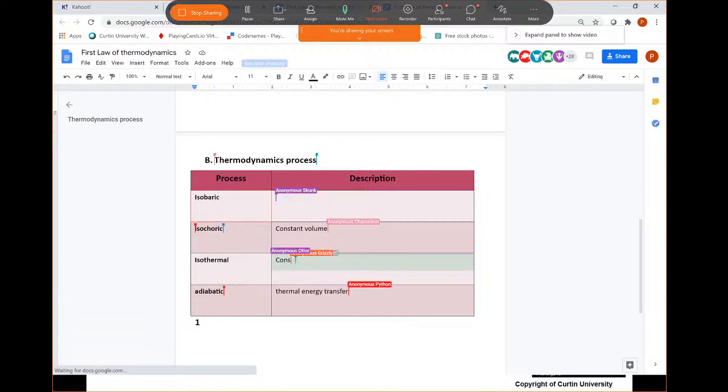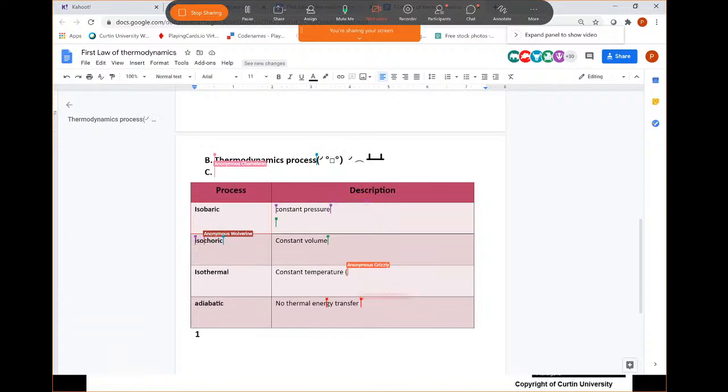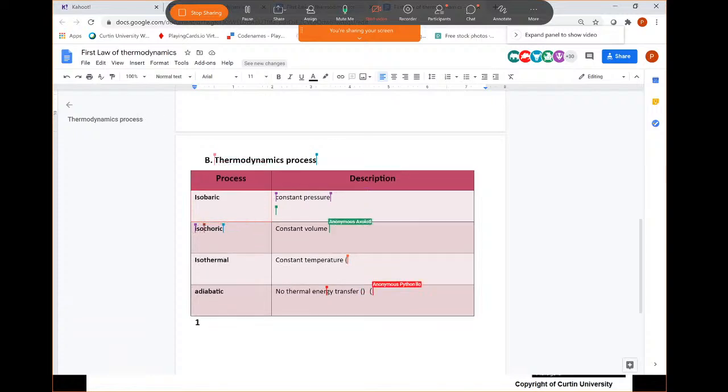This is a zoo. We have a zoo in the Google Docs. You can write down as many descriptions as possible. How does it link to your first law of thermodynamics or to the ideal gas?